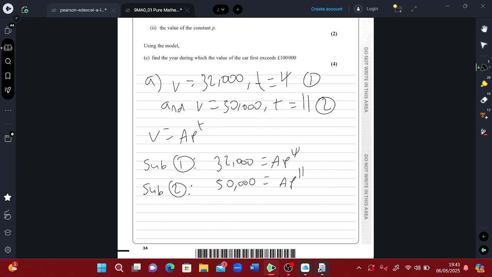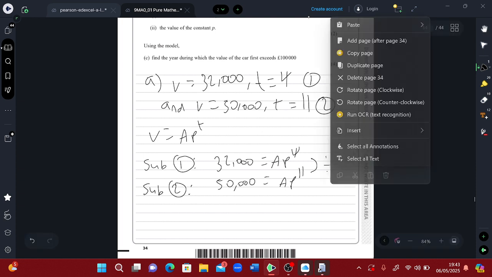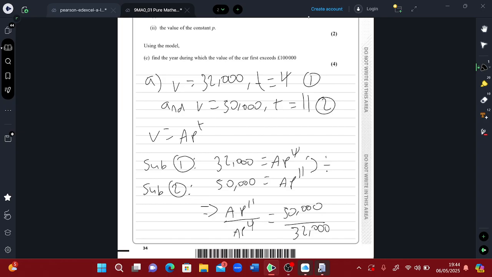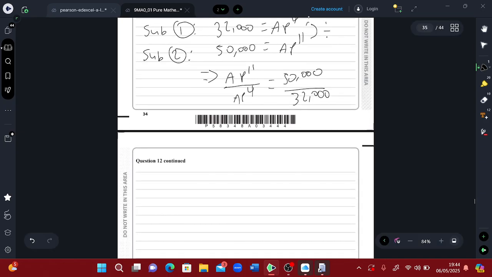However, if we divide this equation by this one, well, actually, A P to the 11 over A P to the 4 is going to be 50,000 over 32,000. And actually, the A's cancel, and you then use index laws, so P to the 7.